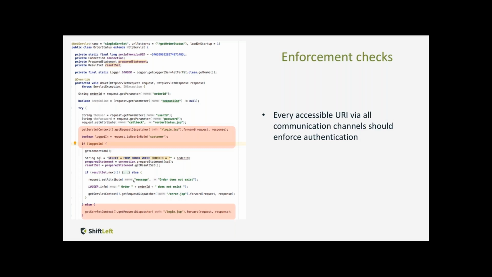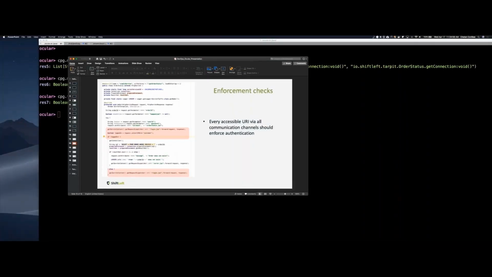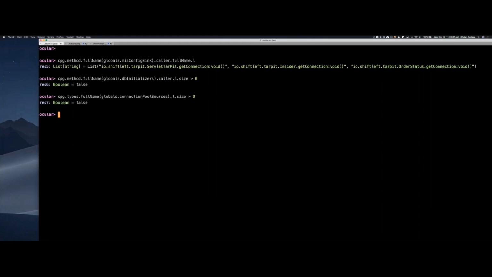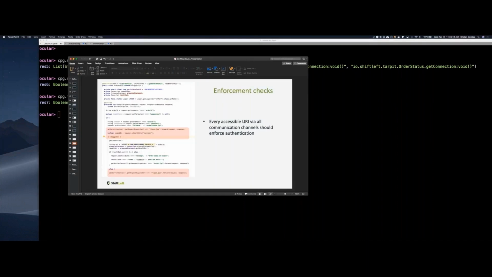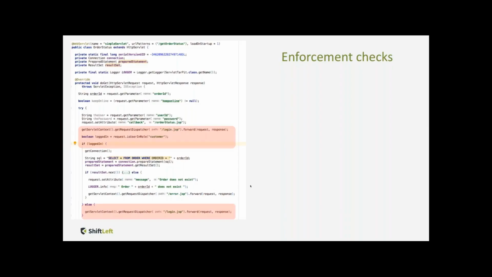So I'm going to switch again to the console to illustrate how we can navigate and identify for that use case. So Ocular understands information flow. From an information flow standpoint, as we looked at this highlighted portion in our slide deck, I want to draw your attention to a couple of things.